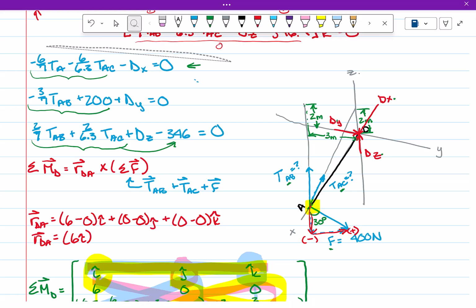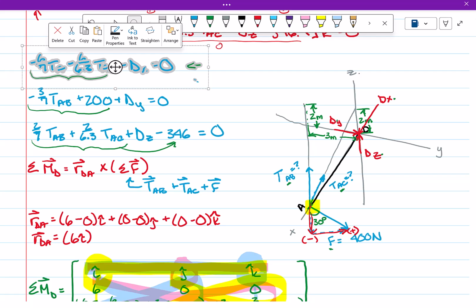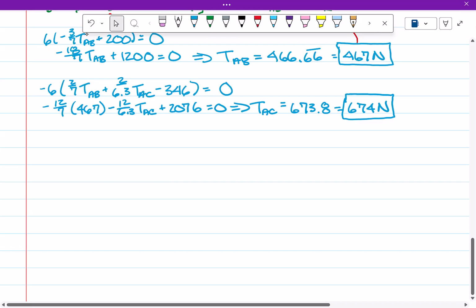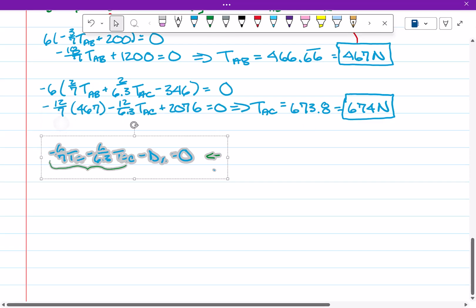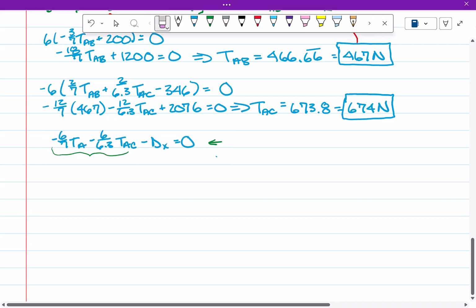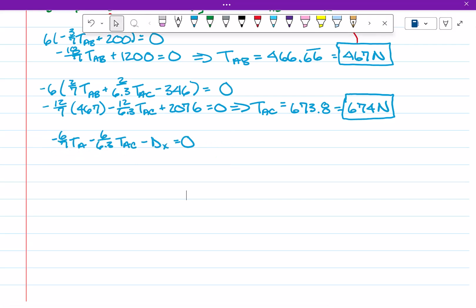So we have negative 6/7, this should be TAB, times 467 newtons minus 6 over 6.3 times 674 newtons minus dx.